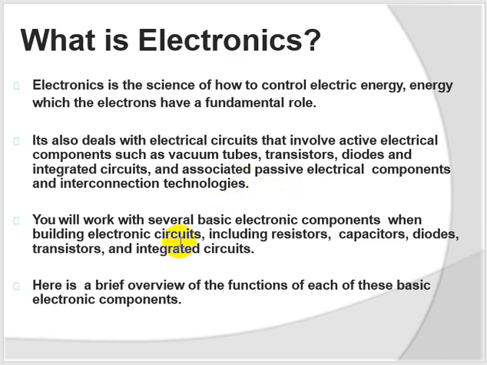We will work with several basic electrical components when building electronic circuits, including resistors, capacitors, diodes, transistors, and integrated circuits. Here is a brief overview of the function of each of these basic electronic components.